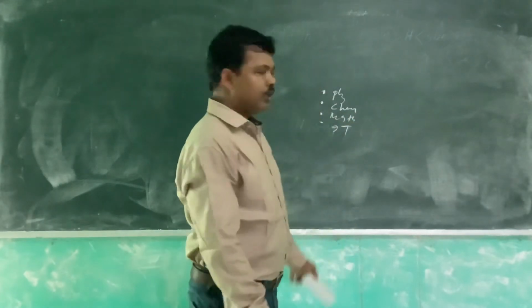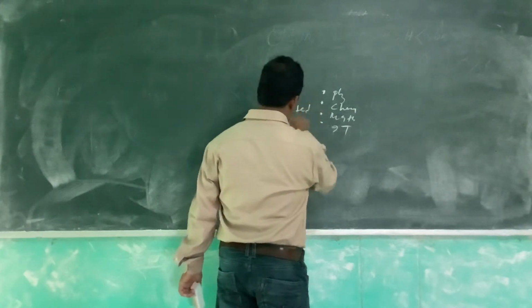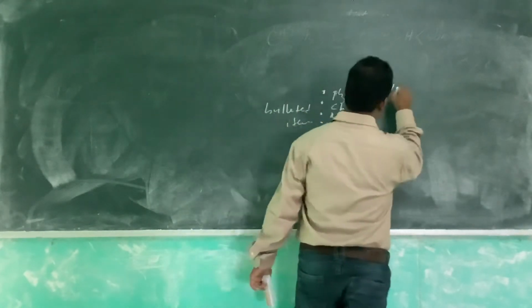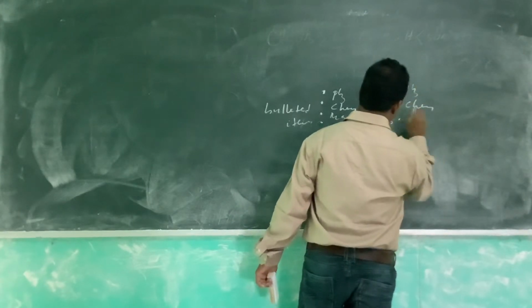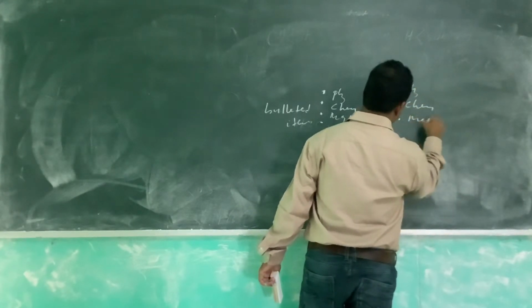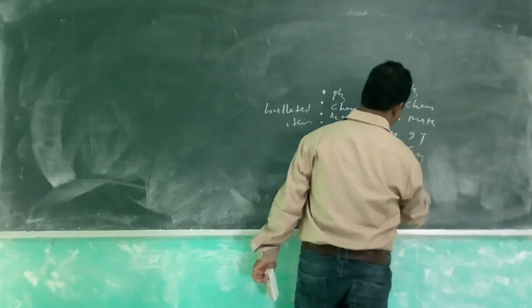This is known as bulleted items. And this is 1 physics, 2 chemistry, 3 math, 4 IT, 5 English, 6 ML.